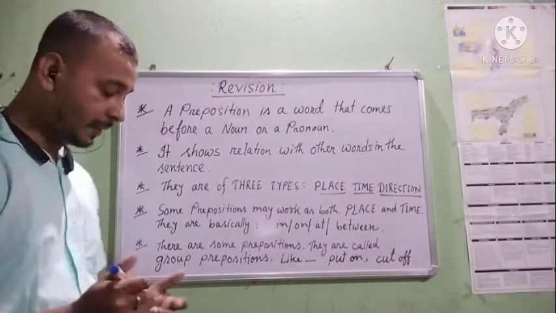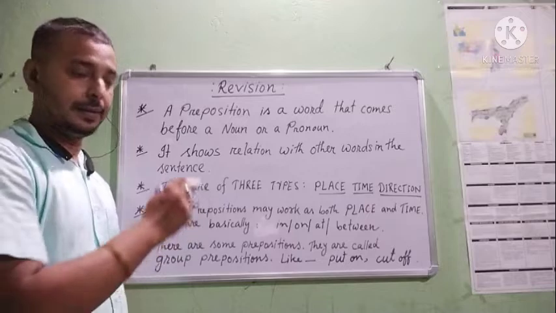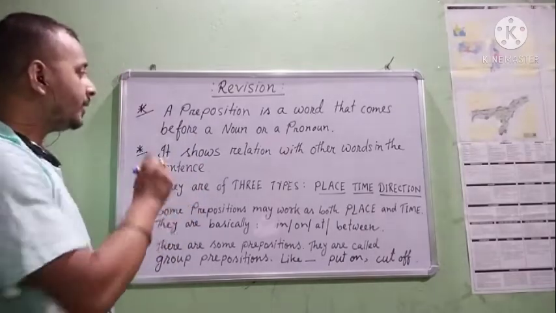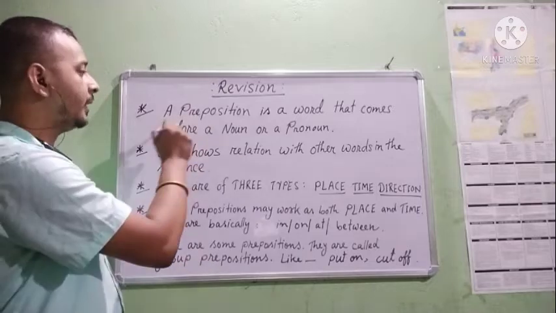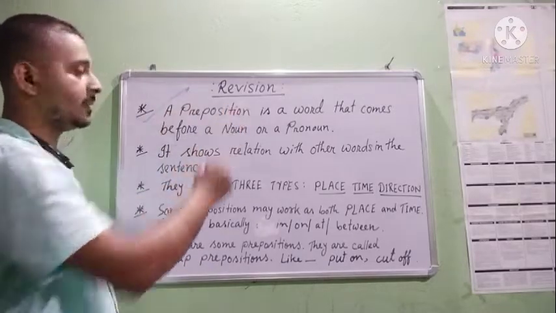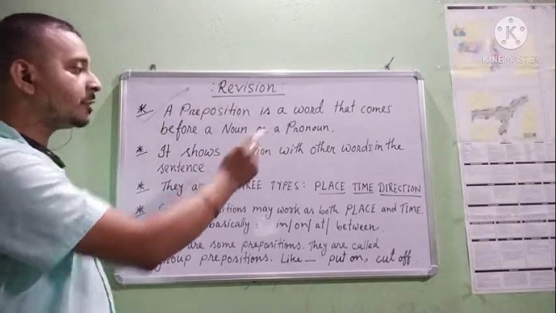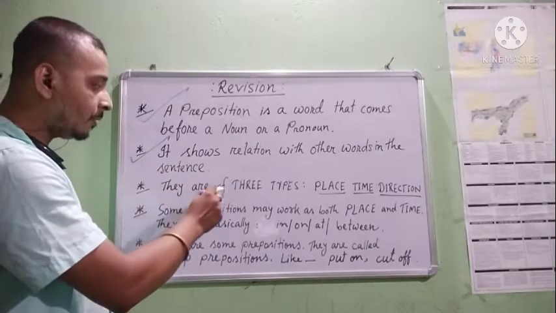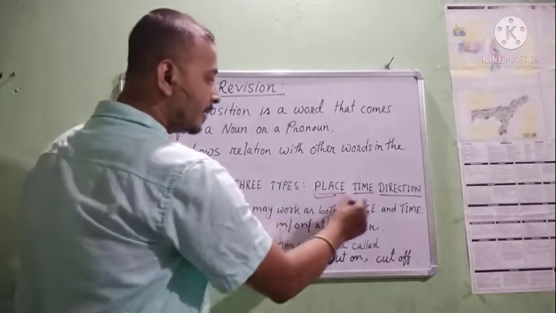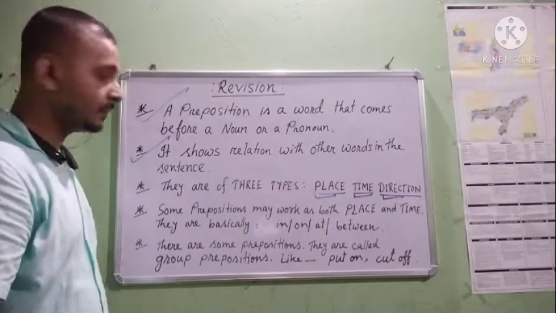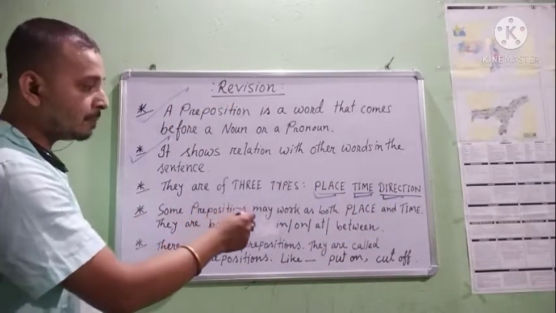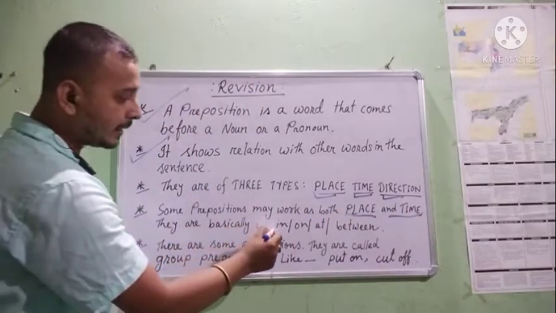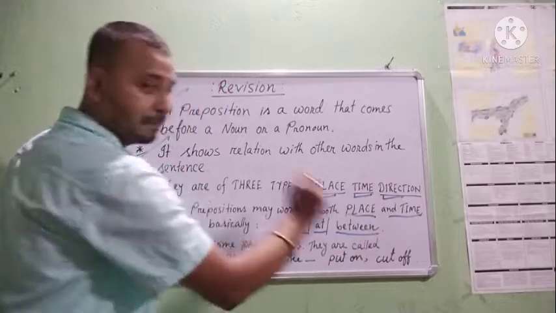Okay, so students, we have arrived at the revision part, and this is the last part of preposition. So let's revise quickly. A preposition is a word that comes before a noun or a pronoun. This is first. It shows relation with other words in the sentence. Next, they are of three types: place, time, and direction. Next, some prepositions may work as both place and time, and they are basically in, on, at, and between.